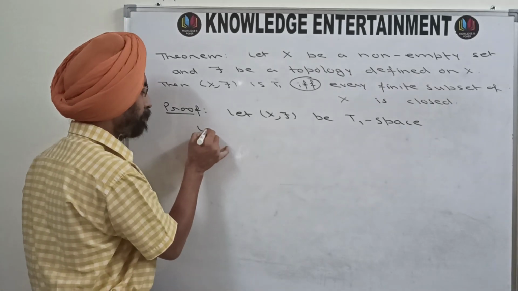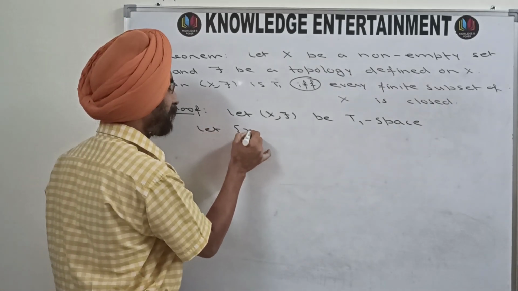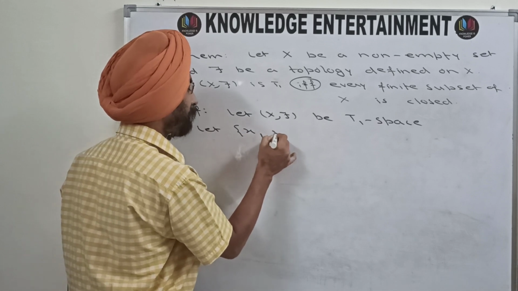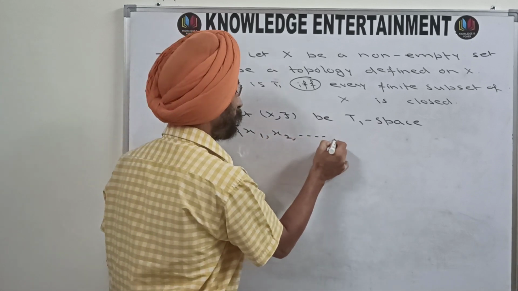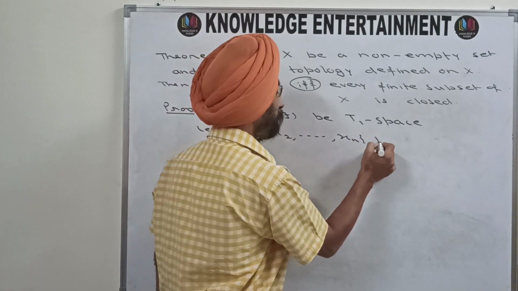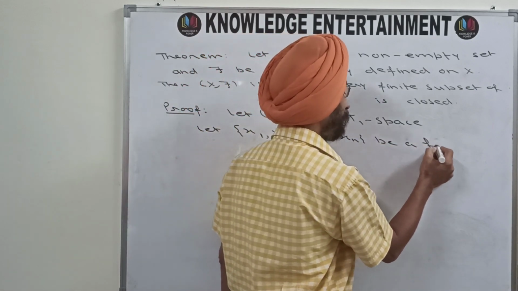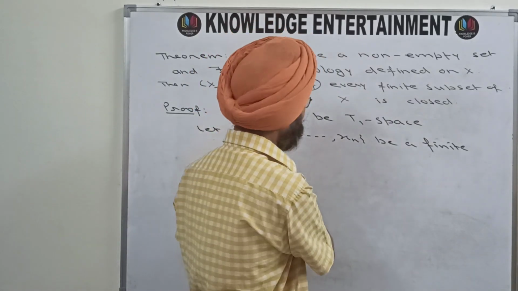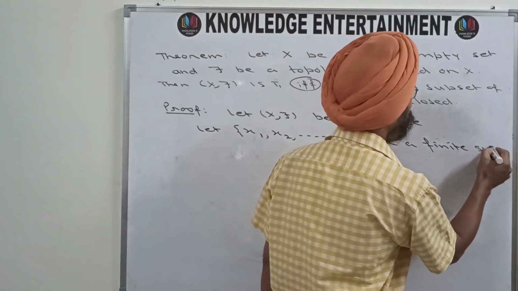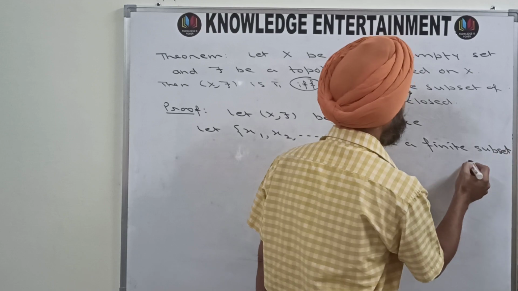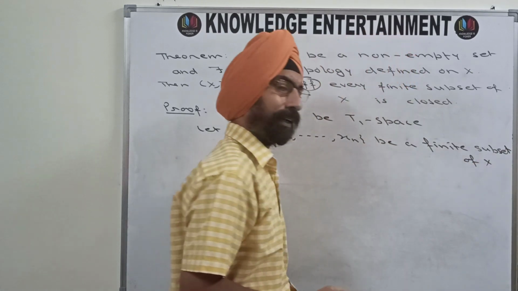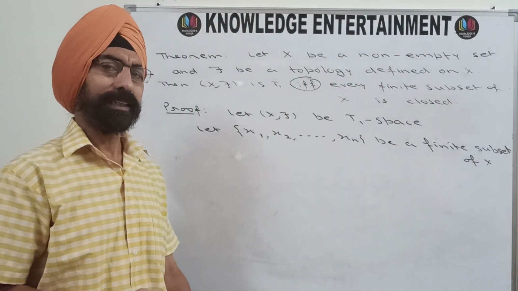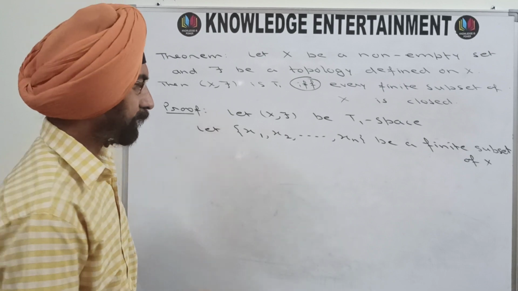Let the set containing elements x1, x2 and so on xn be a finite subset of X, and now we will show that this subset is a closed set.